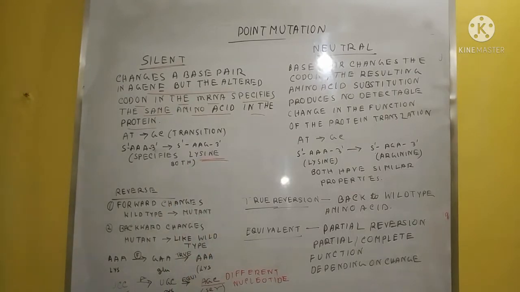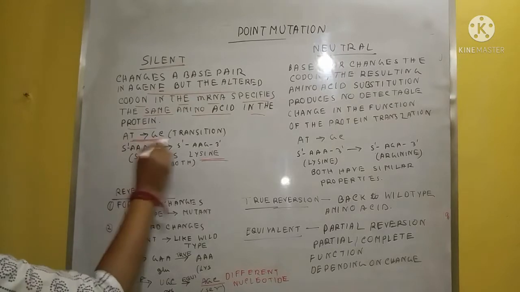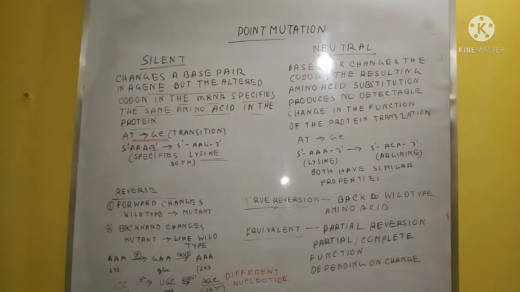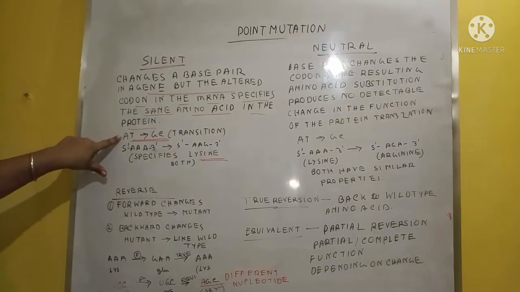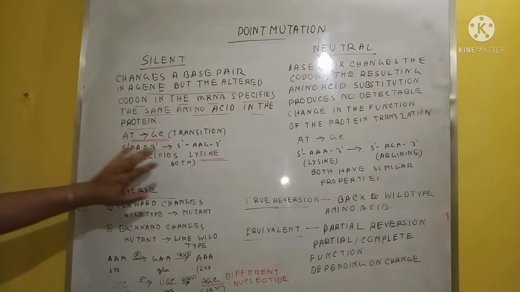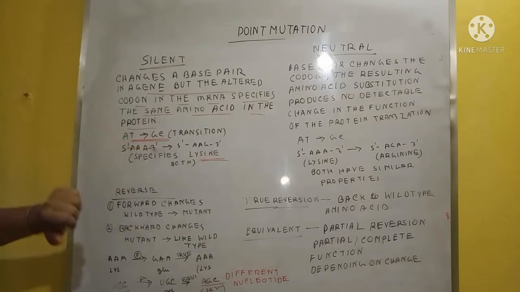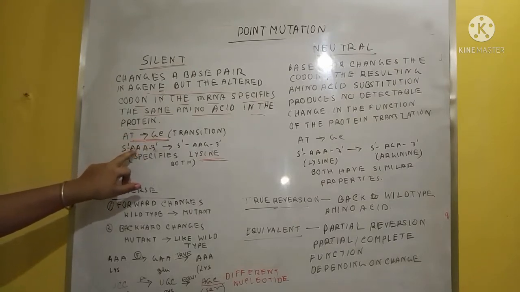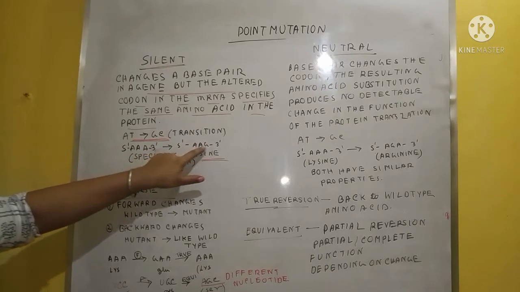Okay, here the transition mutation is occurring. You see that AT transfers to GC, a transition mutation, and the codon changes from AAA to AAG.